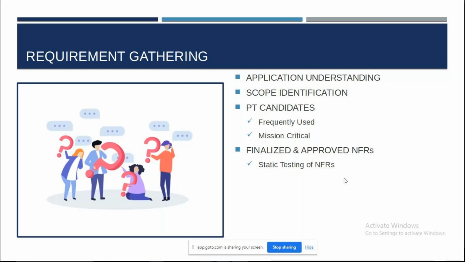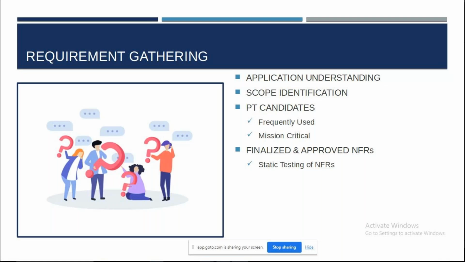Then we will do the static testing of those NFRs and fill up a static testing template. We will send it to the business analyst and get it reviewed. Then once the business analyst comes back with the resolution to your queries, you will again check that whatever information you are looking for in the NFRs is now present or not.